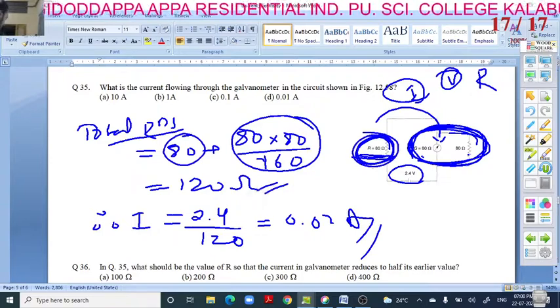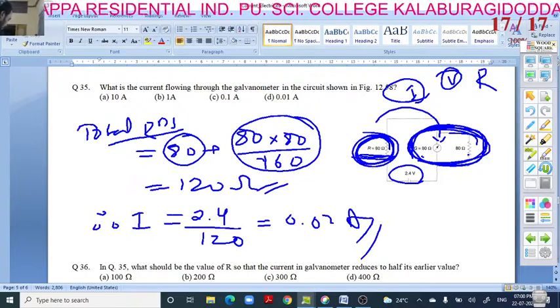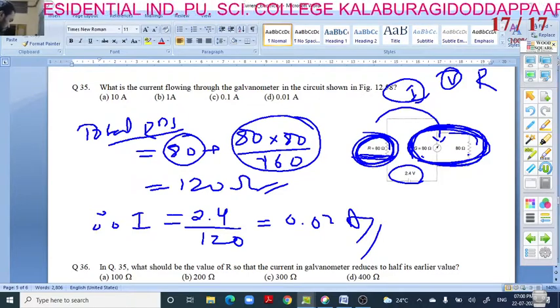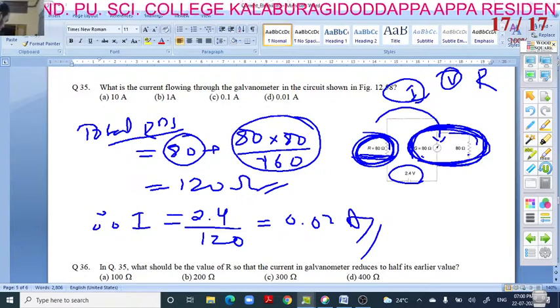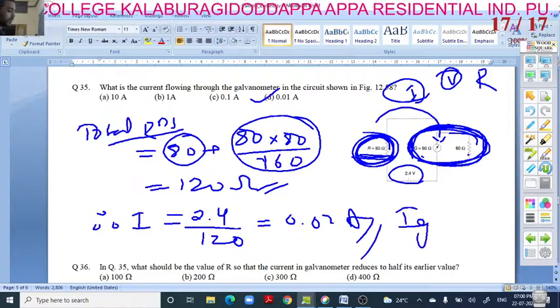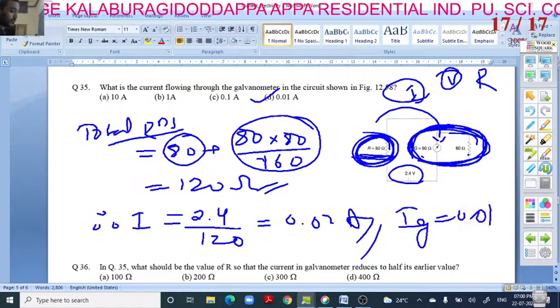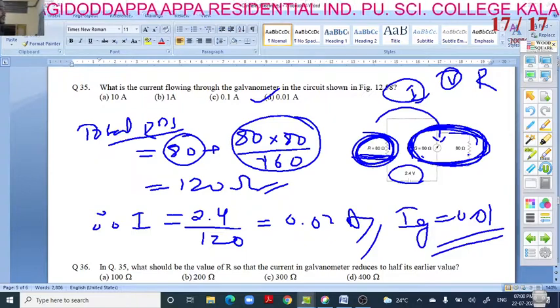So we got 120, and that gives the 0.02 ampere. So the current through the galvanometer, finally, is 0.01. The current through the galvanometer is 0.01, right? So this is our solution here.